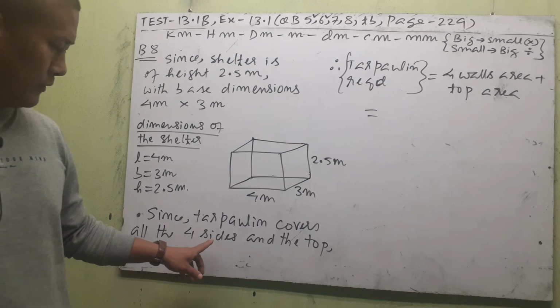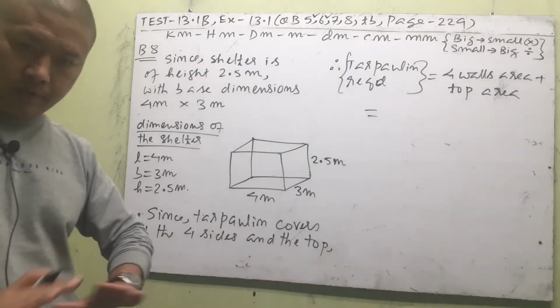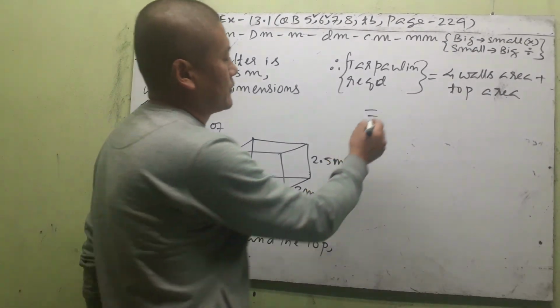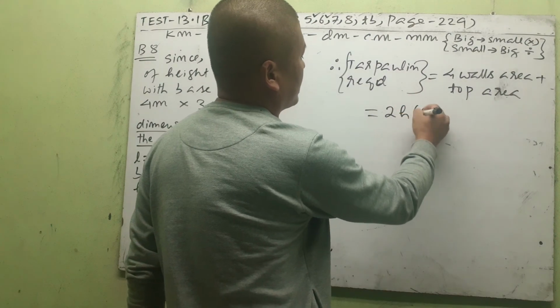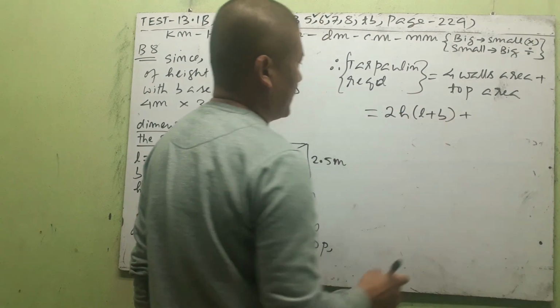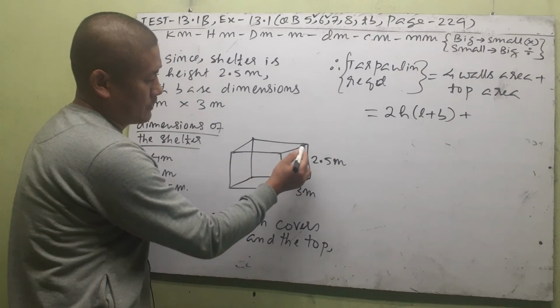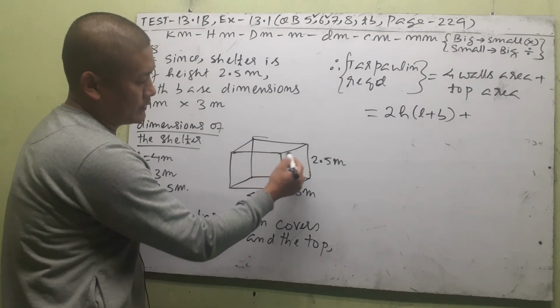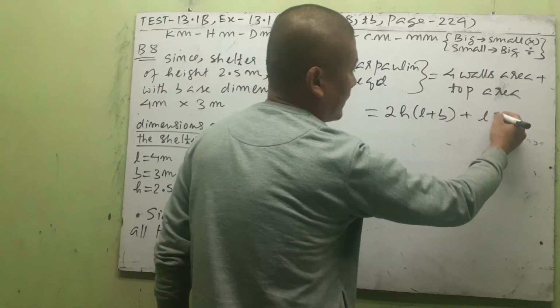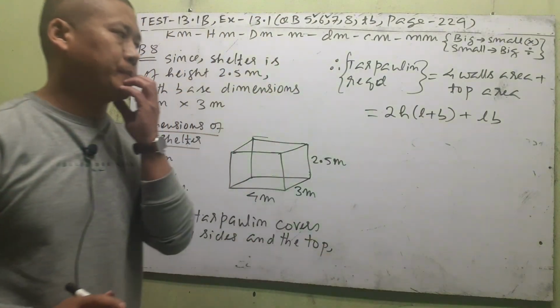Cover the tarpaulin on the 4 sides and the top only, not the base, not the floor. So 4 walls area of a cuboid is 2h(L+B), plus the top is this rectangular part. So this is L, this is B. So L into B is the area of the top.